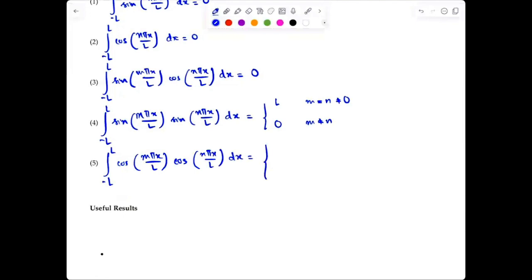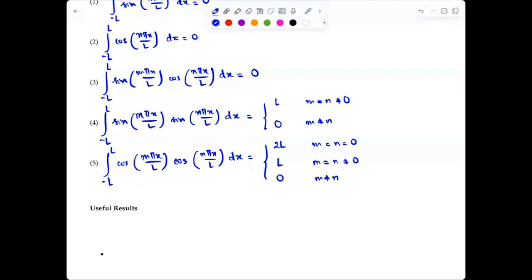And in this evaluation, there are 3 different cases. The integral is equal to 2L when m equal to n equal to 0. The integral is equal to L when m equal to n different from 0. And the integral is equal to 0 when m is different from n.